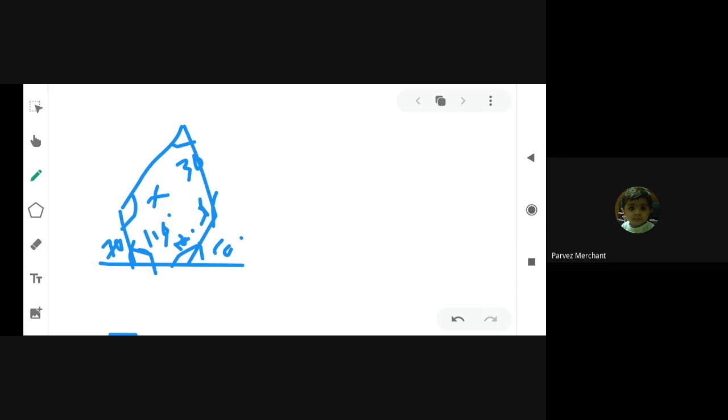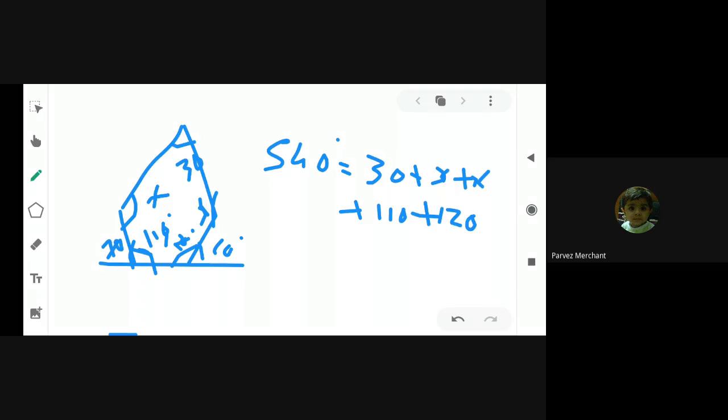Now the angle sum of a pentagon is 540 degrees, which is equal to 30 plus x plus 110 plus 120. Now add these three and subtract from 540. 110 plus 120 is 230, plus 30 is 260, plus x.